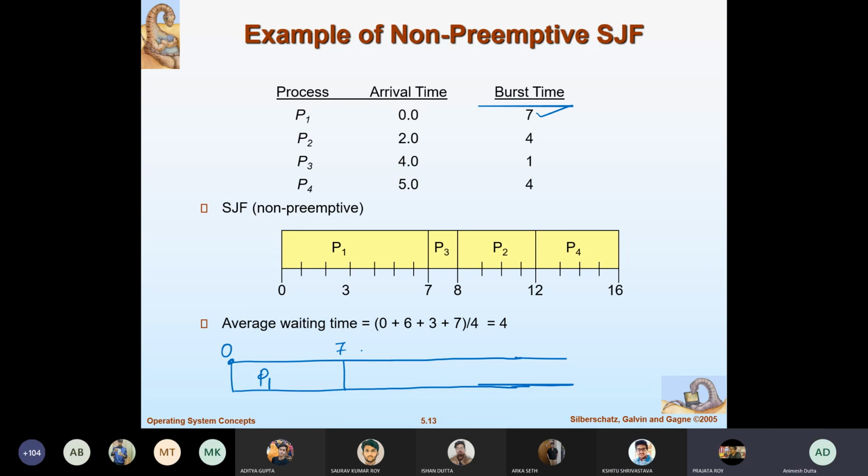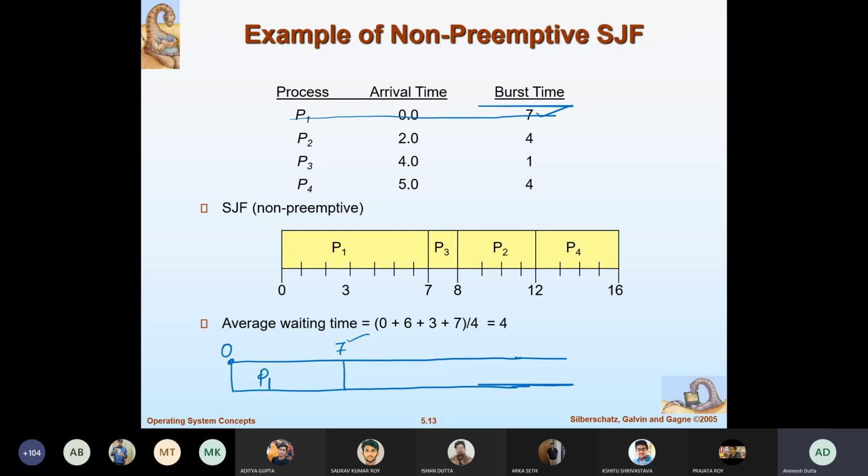So once the 7th millisecond is completed, P1 is no more in the ready queue. What are the other processes in the ready queue by the 7th position? P2, P3 and P4. Okay.